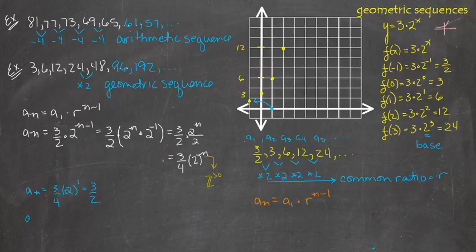Let's do another one, and so we can call this a sub 1. A sub 2 is 3/4 times 2 squared, but that's just 4, which cancels with the 4 and equals 3. So the second integer gives me the second term in my sequence.